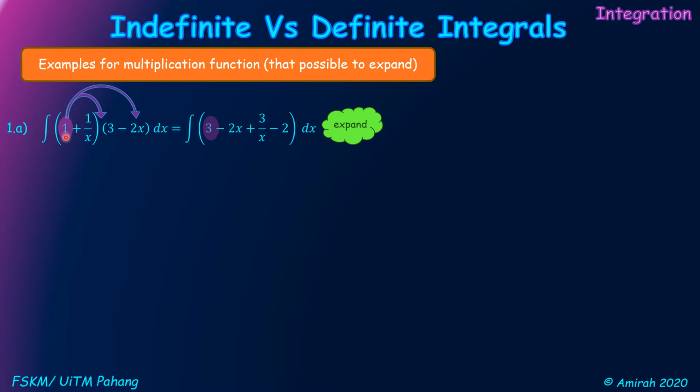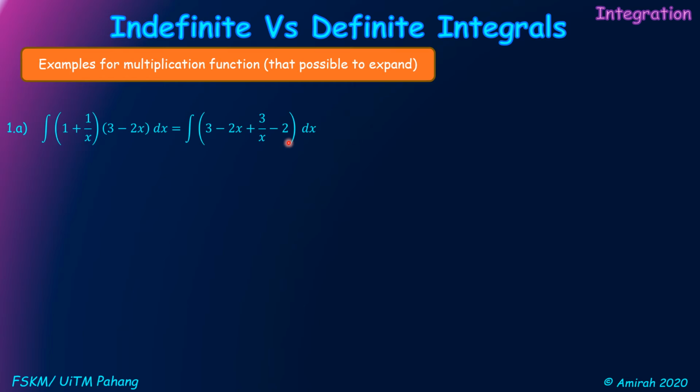Then we multiply 1 by negative 2x, so we get negative 2x here. After that, we multiply 1 over x and 3, so we get 3 over x. Then we multiply 1 over x and negative 2x, and after we simplify, we get negative 2 here.